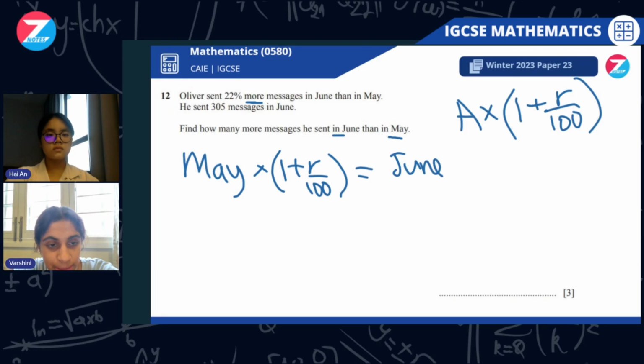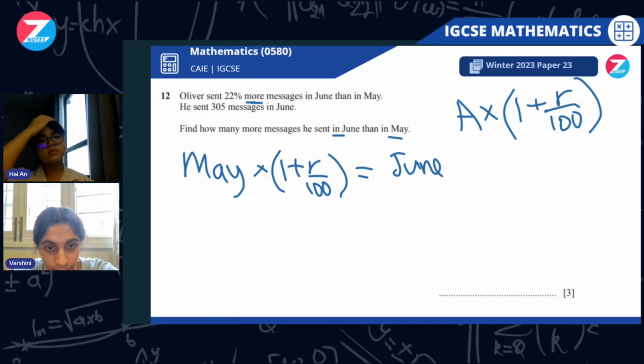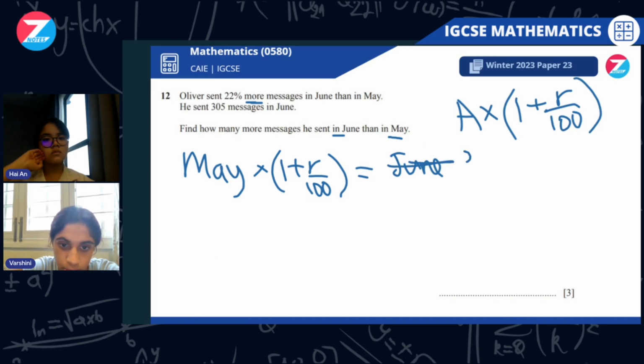We know that he sent 22% more messages in June than in May. So that means May increased is going to give us the messages in June. Okay, and we also know the messages in June. Let's write this, 305. And we also know the rate is 22%. So we can write R as 22.